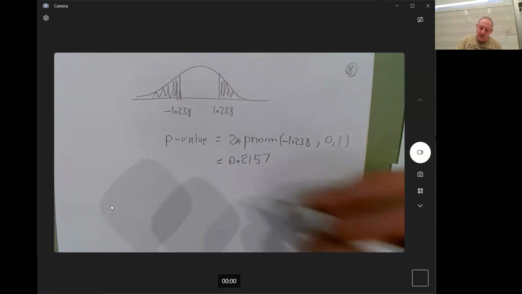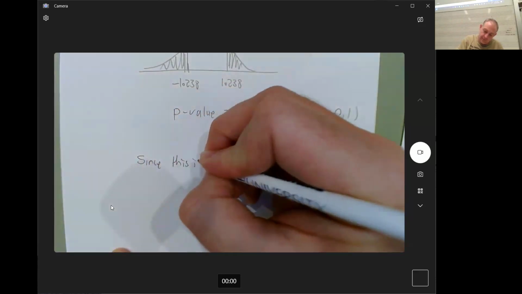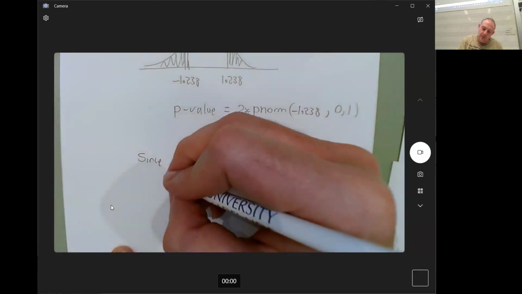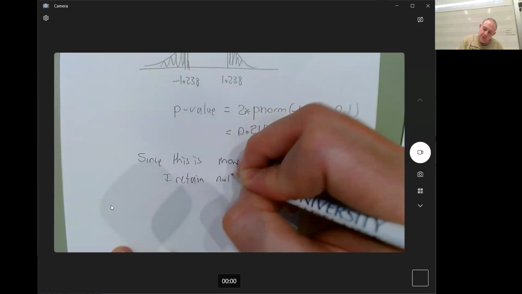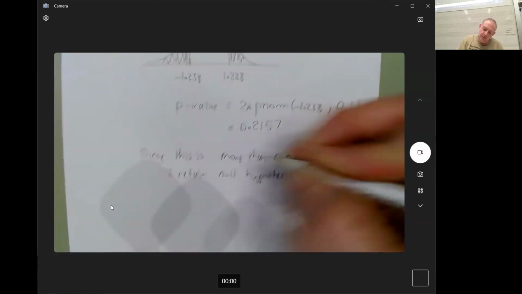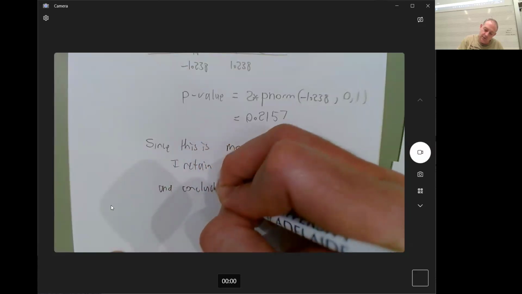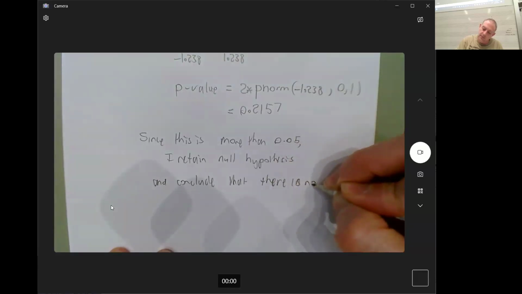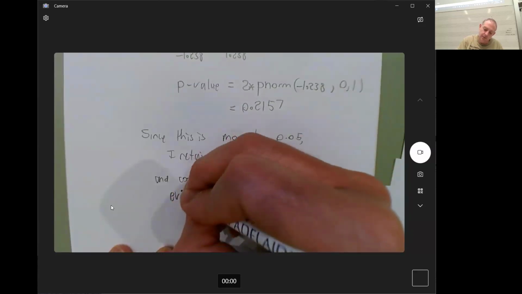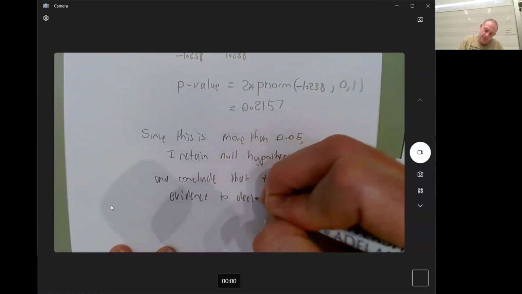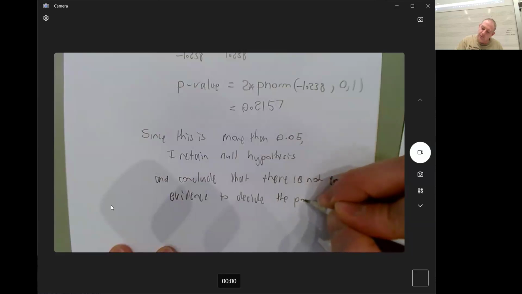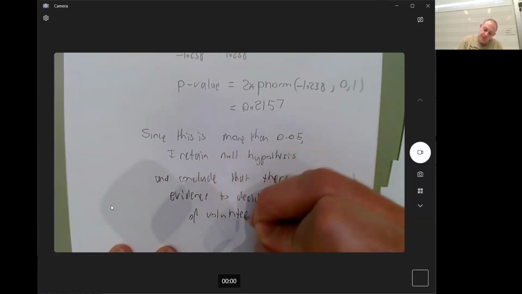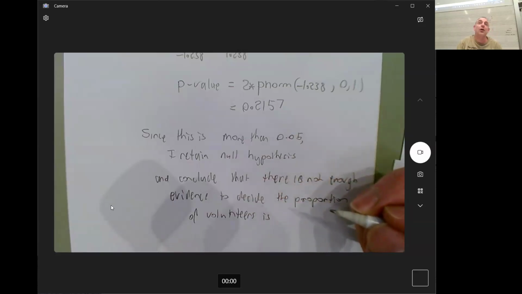So since this is more than 0.05, I retain the null hypothesis and conclude that there is not enough evidence to decide that the proportion of volunteers is a majority or not, like is 50%.